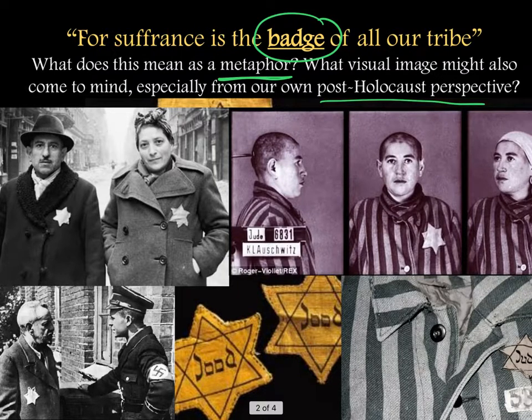In many communities in Renaissance Europe, such as Venice, in which the play is set, the members of the Jewish community did have to wear badges. And so, this is not only a metaphor saying that suffering is what identifies them as Jewish, but also links to the yellow badge that they were forced to wear. So that's our second idea, quotation, and discussion for this victim section in Act 1, Scene 3.